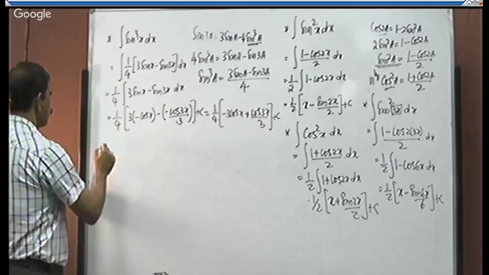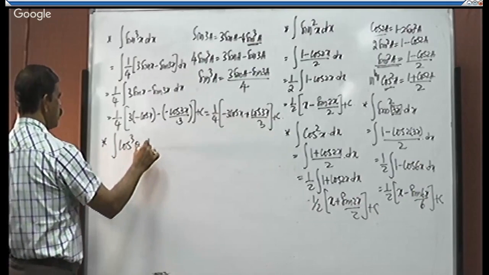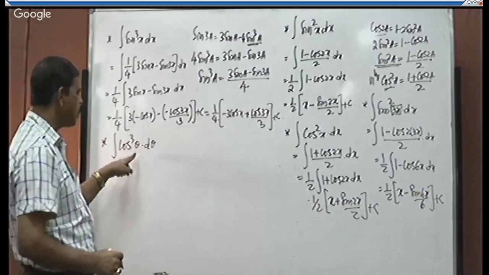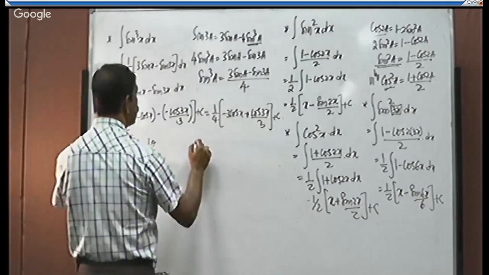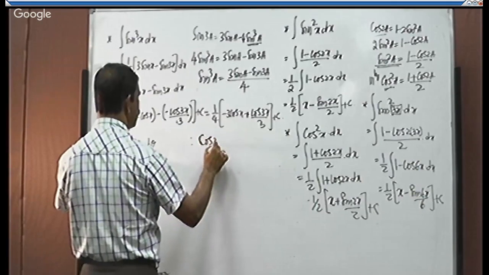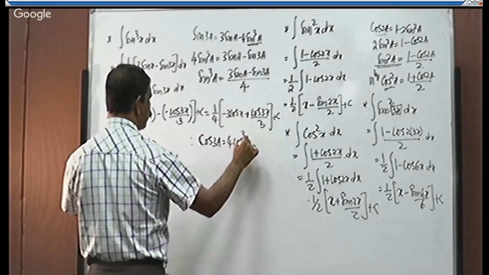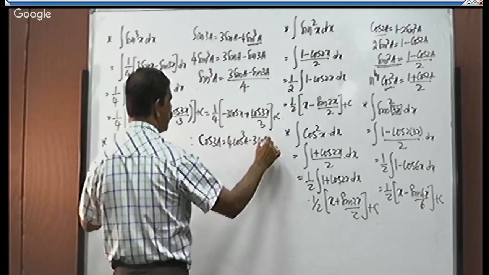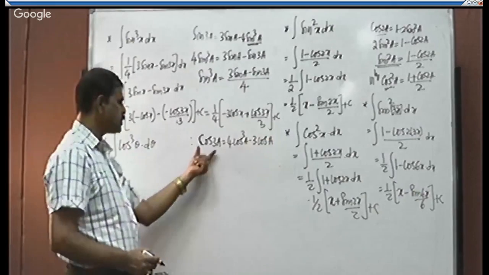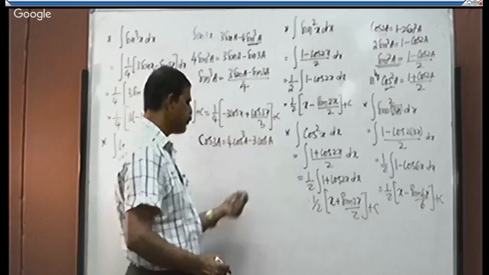The same way we can take cos cube theta into d theta. So it may be given in x or it may be given in t or theta, right? Take this: cos of 3a is equal to 4 cos cube a minus 3 cos a. Is it right? This is a compound angle formula. Cos 3a is equal to 4 cos cube a minus 3 cos a.